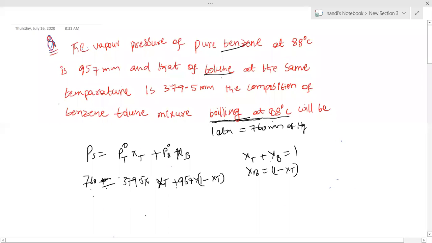By solving this we can get X toluene. Once you know the X toluene value, you can substitute in this relation and get X_B also. Try and get the answer.